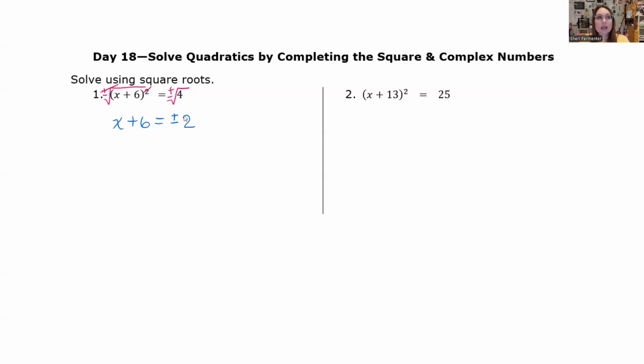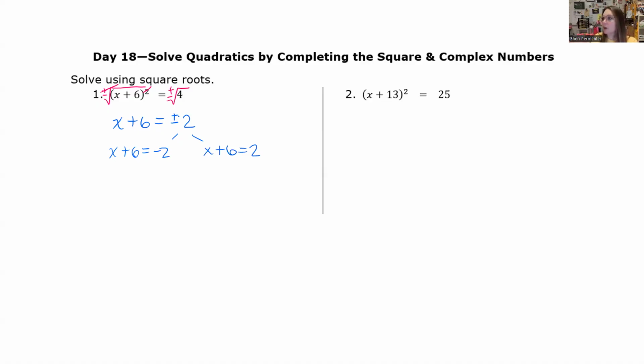But if it does, now all I need to do, what would I do to get x by itself? Subtract 6. Okay, but I'm going to have two different branches now because I've got plus and minus 2. So I'm going to have to subtract 6, but I'm going to have to split it into two different problems. I have x plus 6 equals negative 2 and x plus 6 equals positive 2.